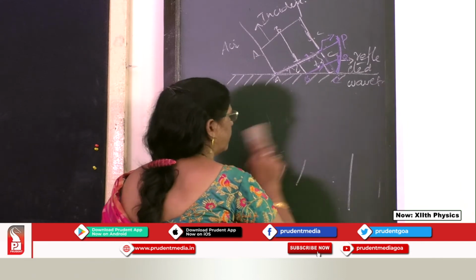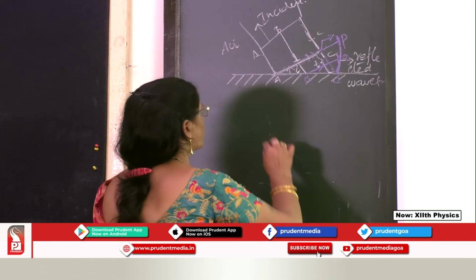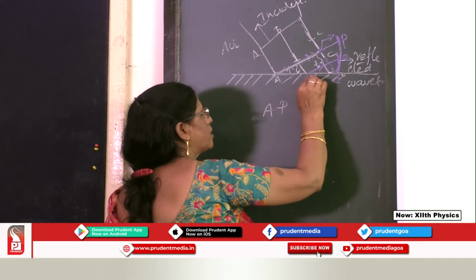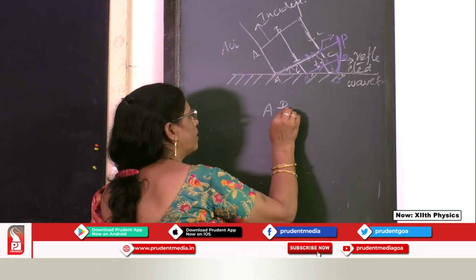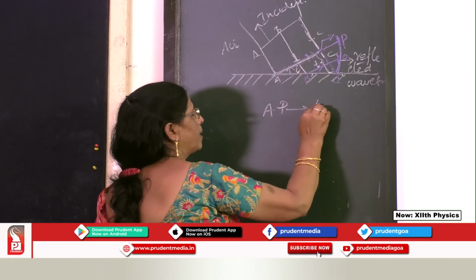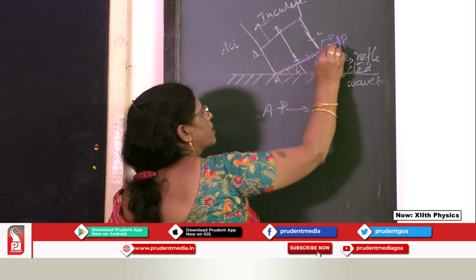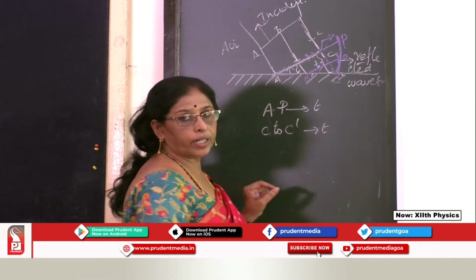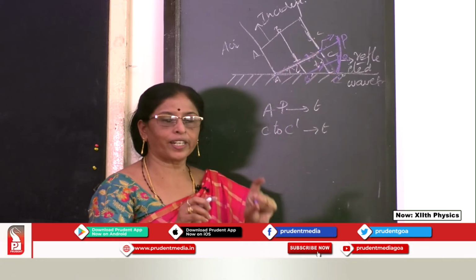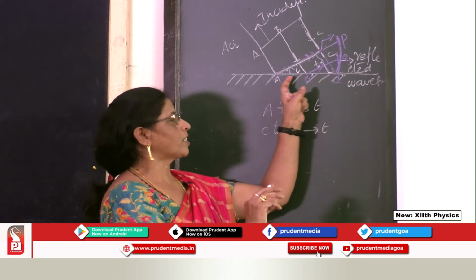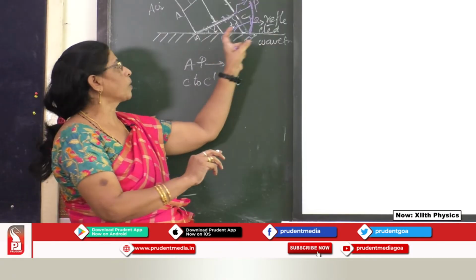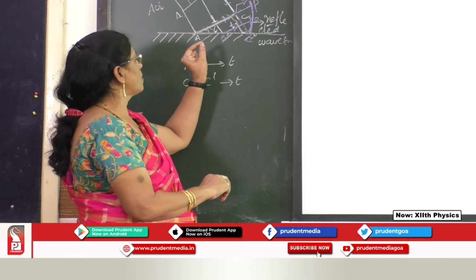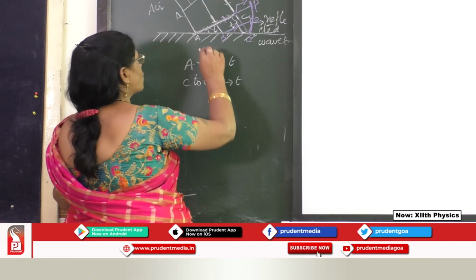The time taken by the wave to reach from A to P, and here I'll take C dash, B dash, and the time taken from C to C dash is the same. For the last point reaching the surface, it doesn't wait, it just travels a small distance, because by Huygens' principle each point on the source acts as a source of secondary wavelets. So they travel over here.